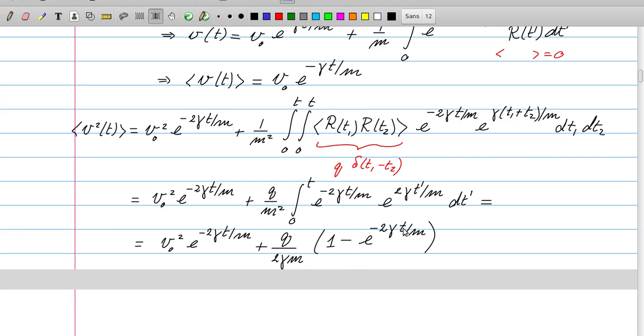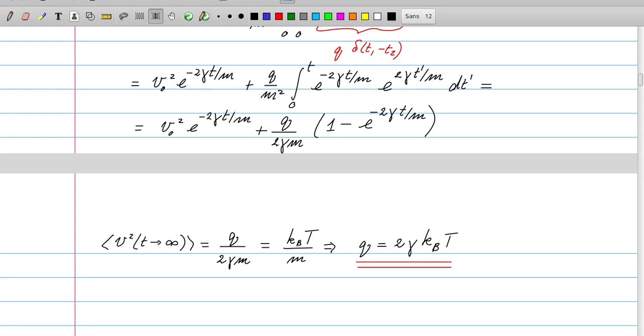And we see that for long times this term decays, and we are left with just q over 2 gamma m. So for long times the first term of course decays to 0, also this term decays to 0, and we are left with a constant for the expectation value of v squared. So here I've written down that very same statement. It's q divided by 2 gamma m, that's the expectation value of v squared.